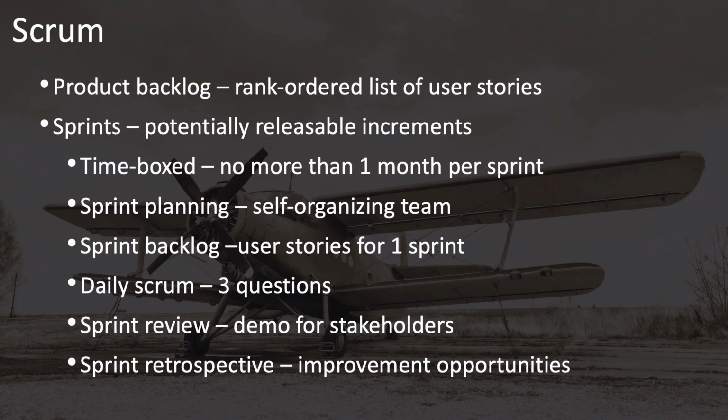Some of the key aspects of Scrum are the product backlog, which is a list of all of the user stories, features if you will, all put into a single list, and that list is rank ordered, meaning 1, 2, 3, 4, 5, and so on, with no duplicates, with the most important items at the top, and working your way down in priority. Everything that needs to be done is all in this single product backlog.